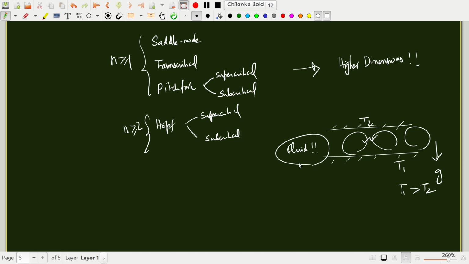A fluid mechanical system is governed by the Navier-Stokes equations. Navier-Stokes equations are partial differential equations, right? Yet some of the simplest bifurcations that we understood in the context of 1D or 2D systems are observed even in PDEs.